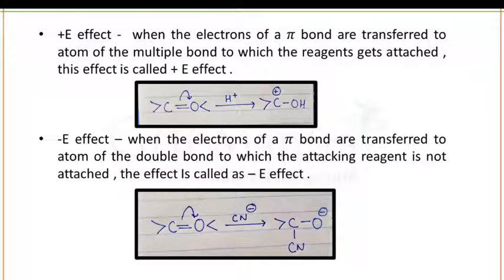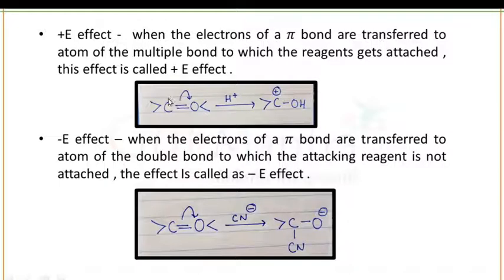In case of plus E effect, the attacking reagent is a carbocation. When an attacking reagent carbocation attacks a compound, a species like this is formed. If you have a compound like C double bond O, from this double bond a pair of electrons will be shared towards the oxygen.